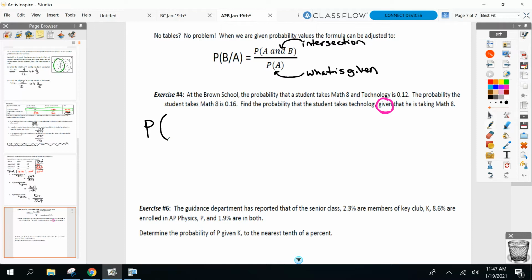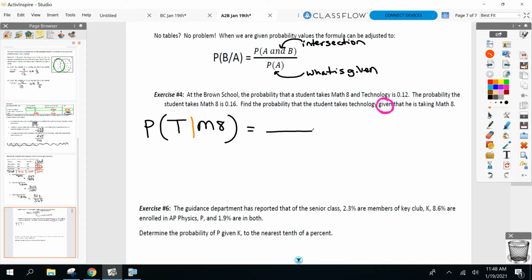All right. So find the probability that the student takes technology, given, there's my horizontal line, I'll put M8 for Math 8. Find the probability they take tech, given they're already in Math 8. I'm going to use the formula now because there's no table to look at, unfortunately.